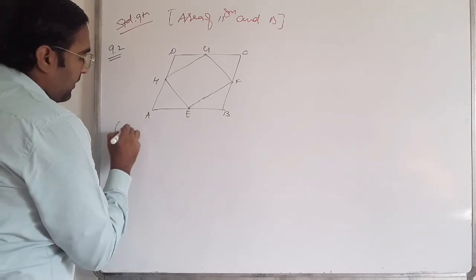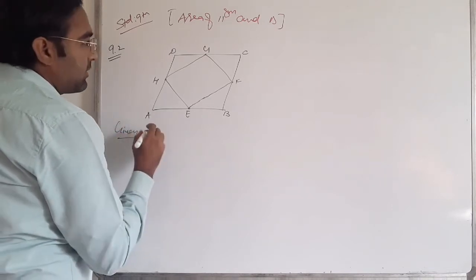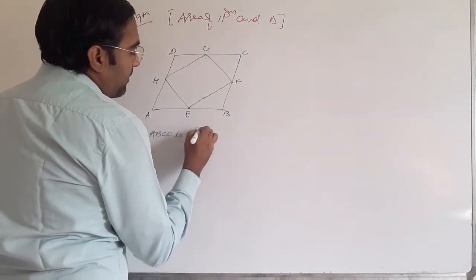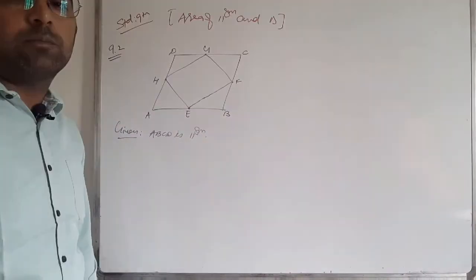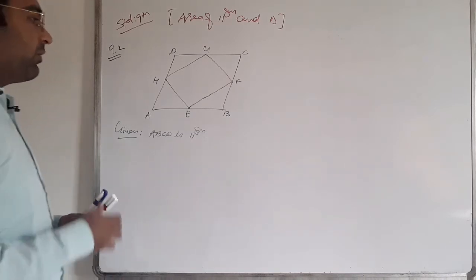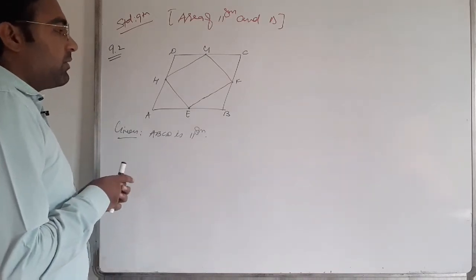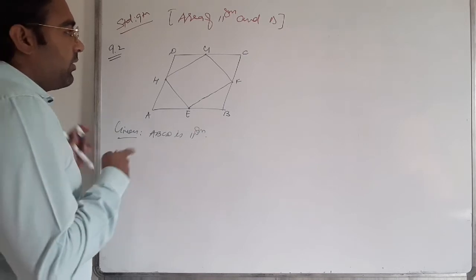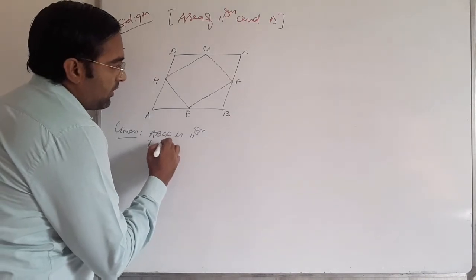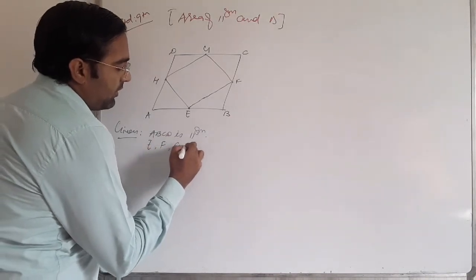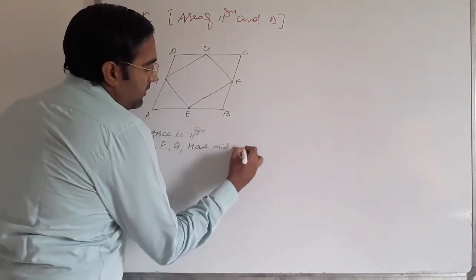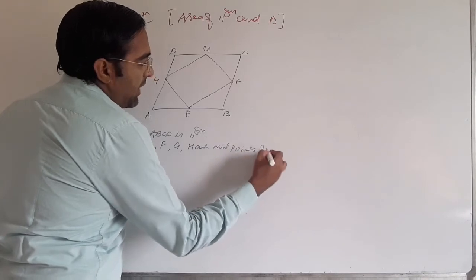First thing that is given, ABCD is a parallelogram, and E, F, G, H are the midpoints of sides.